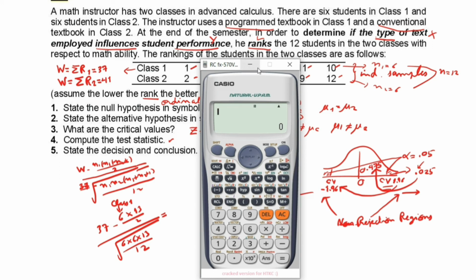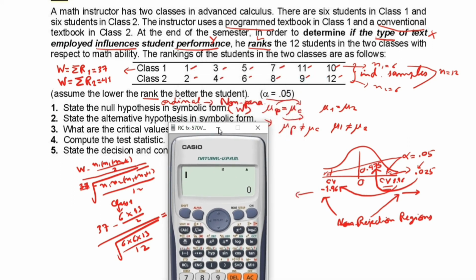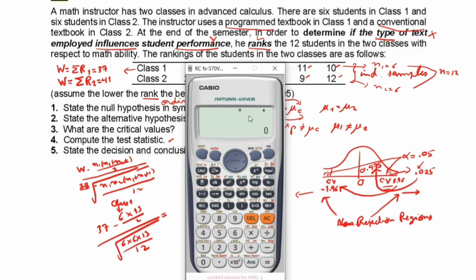If you use the class 2 W, 41, then 41 minus N1, this time N1 is class 2 size, 6 times 13 divided by 2 is equal to 2, divided by square root of (6 times 13 divided by 12) close bracket is equal to positive 0.32. Positive and negative only different.